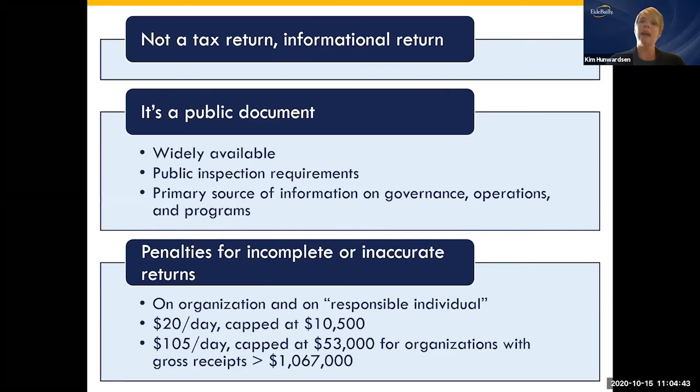If anyone asks you to look at your 990, you are required by law to provide them with access to your 990. If they ask for a copy, you can provide them a copy. You can have them pay for reasonable duplication and postage, but you can't charge people to provide them a copy of your return.